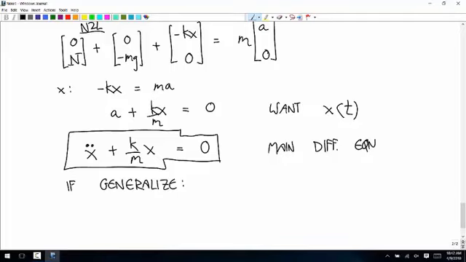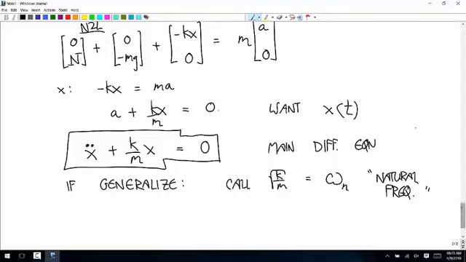So we're going to call square root of k over m, you'll see why in a minute, omega sub n, and we're going to call that the natural frequency. It's not actually a frequency, which is a pain when you're trying to keep this stuff straight, but that's what people call it.